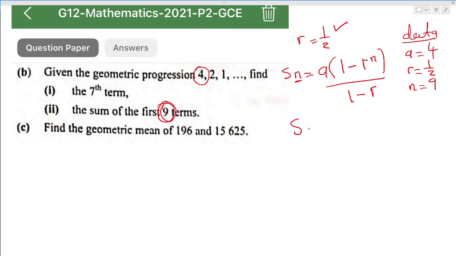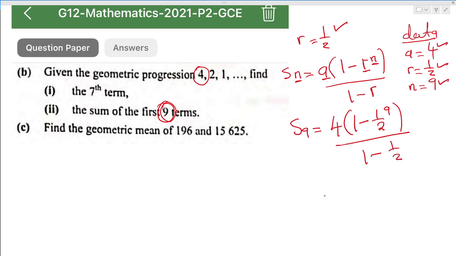There's an n there, remember? So we put a 9 there. Open brackets. There's an a there. What is your a? It's a 4. Open bracket 1 minus. What is r? R is 1 over 2. So I'll say 1 over 2 to the power what? N. What is your n? It's a 9. So to the power 9. Close the brackets. Everything over 1 minus. What is your r? It's 1 over 2.